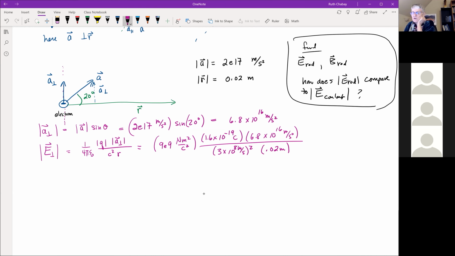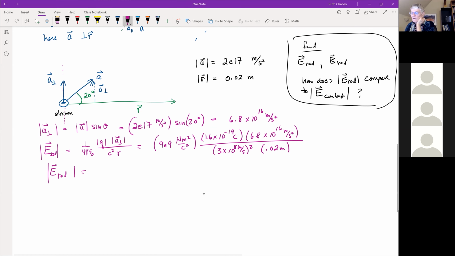And if we crank through that whole thing, we find that the radiative electric field is 5.5 times 10 to the negative 8th newtons per coulomb.